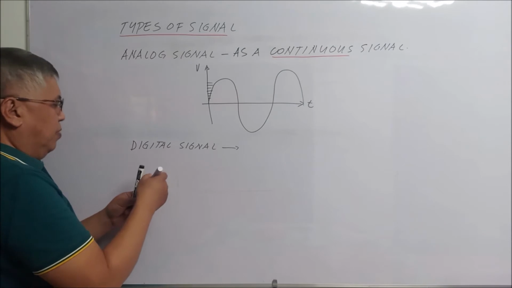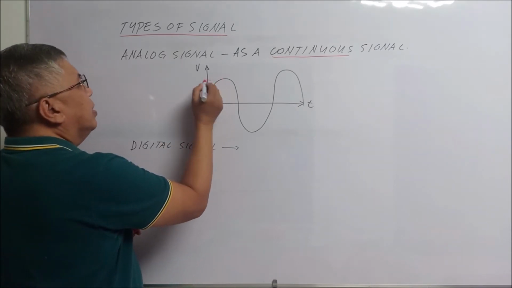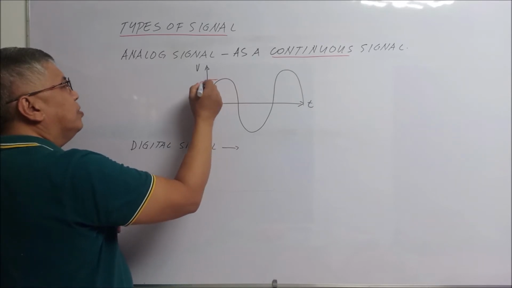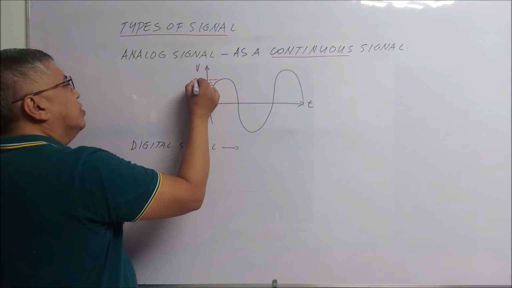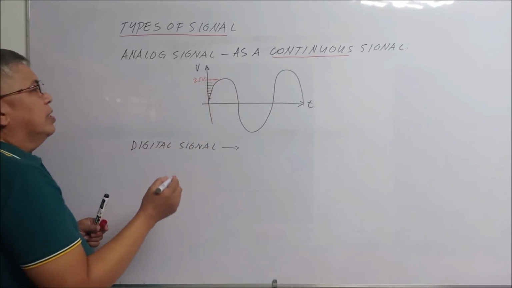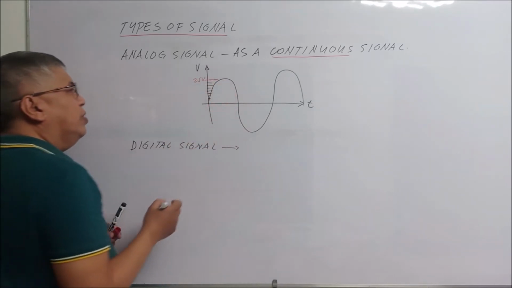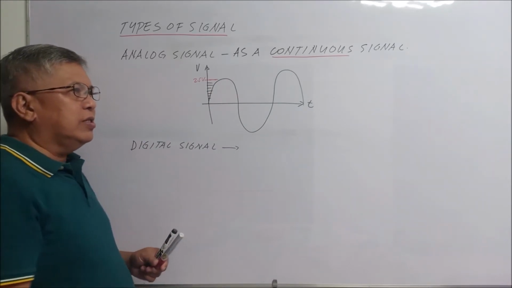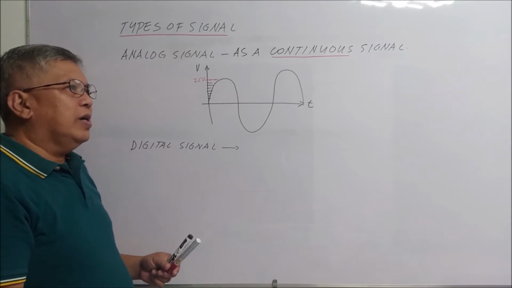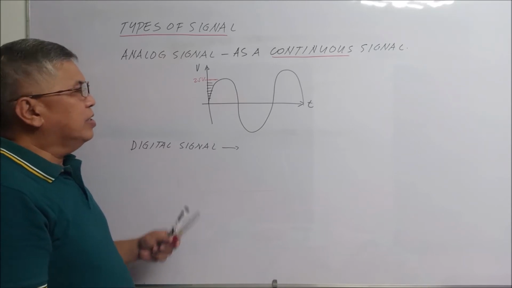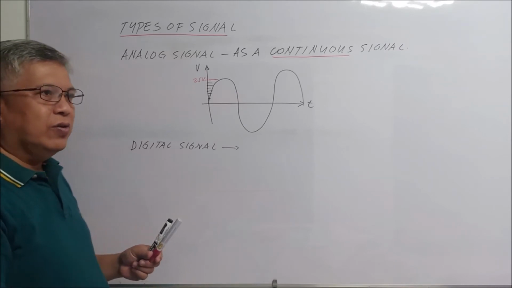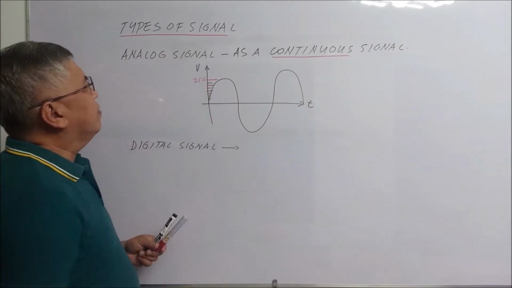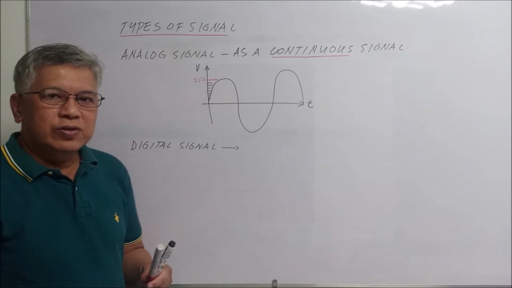If you want to measure the value of an analog signal in this particular area, let's say approximately 25 volts, you have to use a particular instrument, like a multi-tester or other electronic or electrical measuring devices, to determine the value of an analog signal.